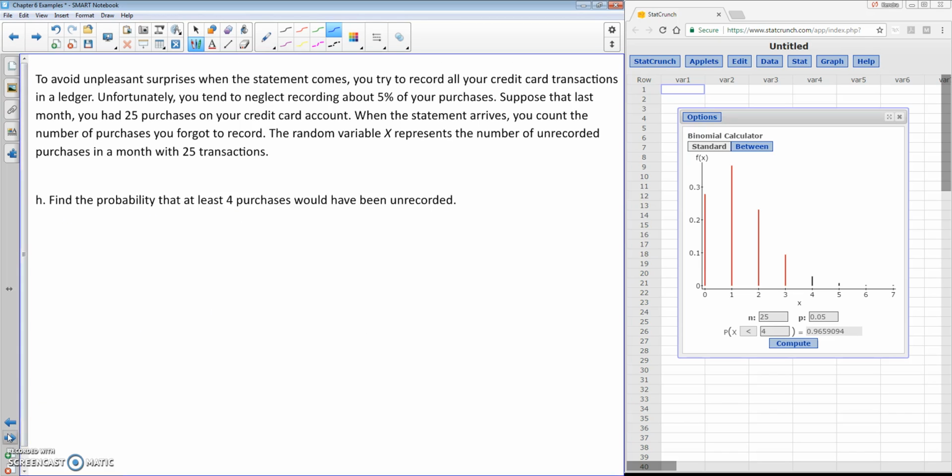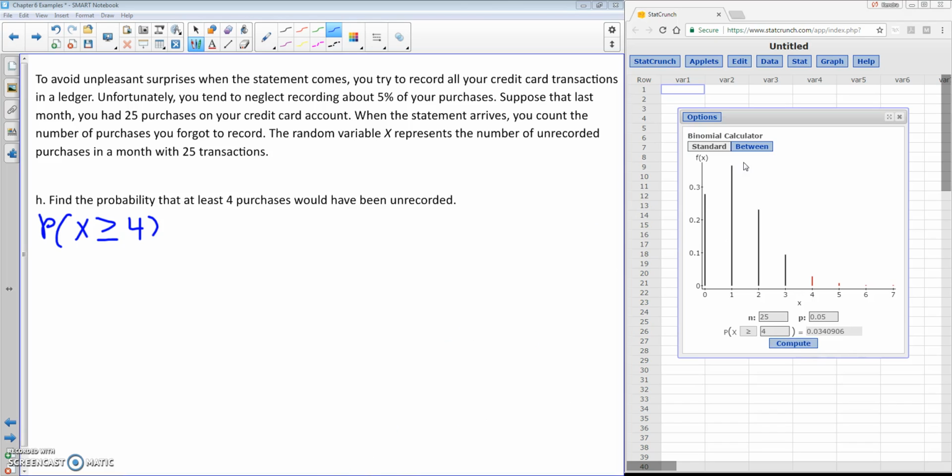And our last part here, the probability of at least 4 purchases. So if we're talking about at least 4, that means we want everything greater than or equal to 4. So again, we just want to go in here, and we're going to change our symbol to greater than or equal to and hit compute.